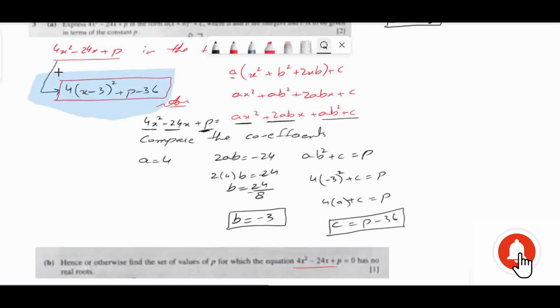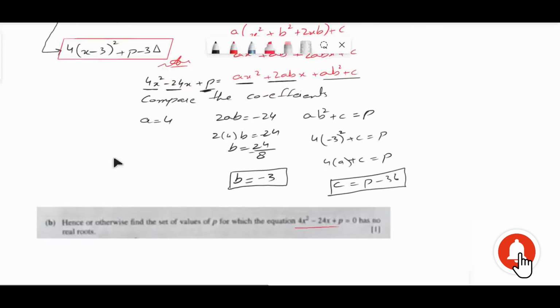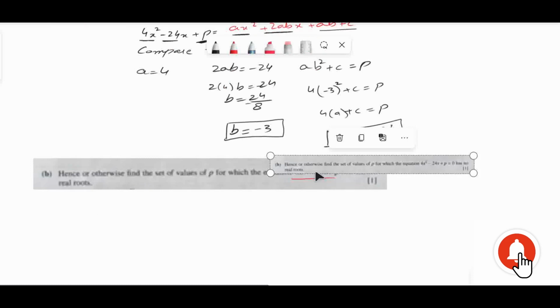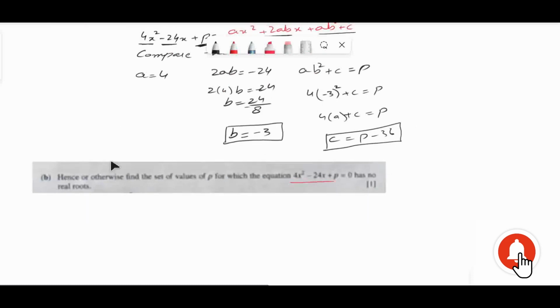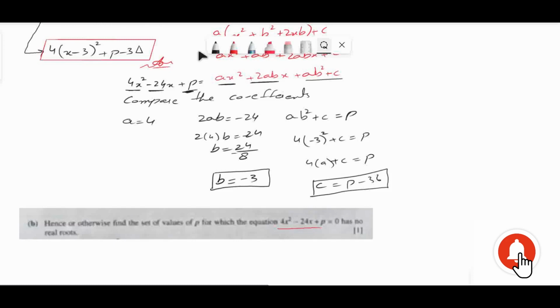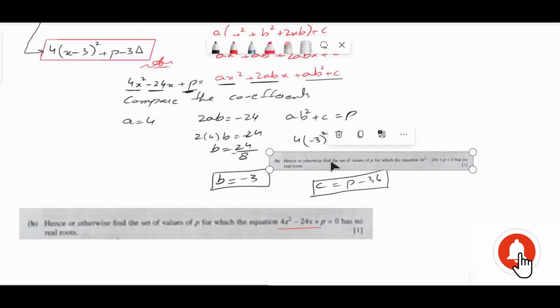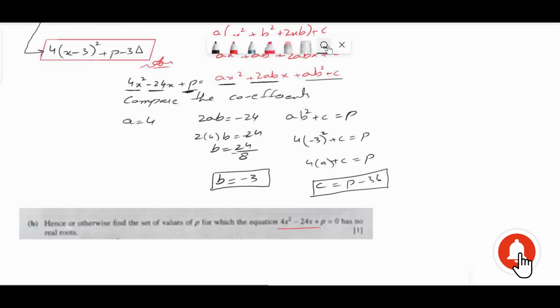We can simply copy this portion and paste it over here, or drag it over here.